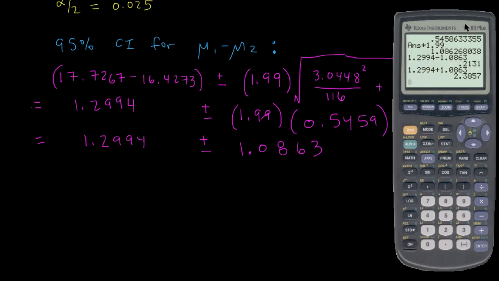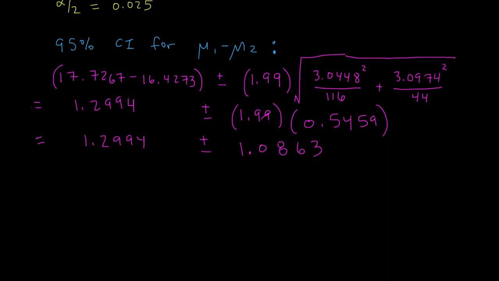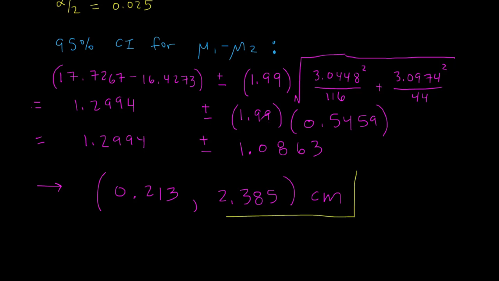So I'm going to rewrite these values here. In interval notation, 0.213 roughly, comma, 2.385 centimeters. So that is our solution, and we will discuss what that means right now.